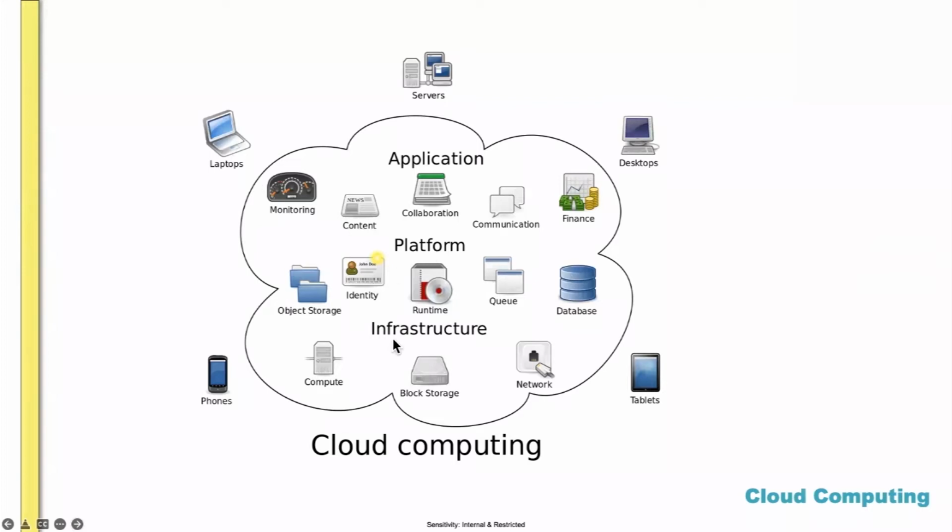There are some platform services like databases or different Java or Python kind of runtime applications. Then you can directly use some applications without managing anything in the backend. So here, some platform services, infra services, and different applications you will get in cloud.